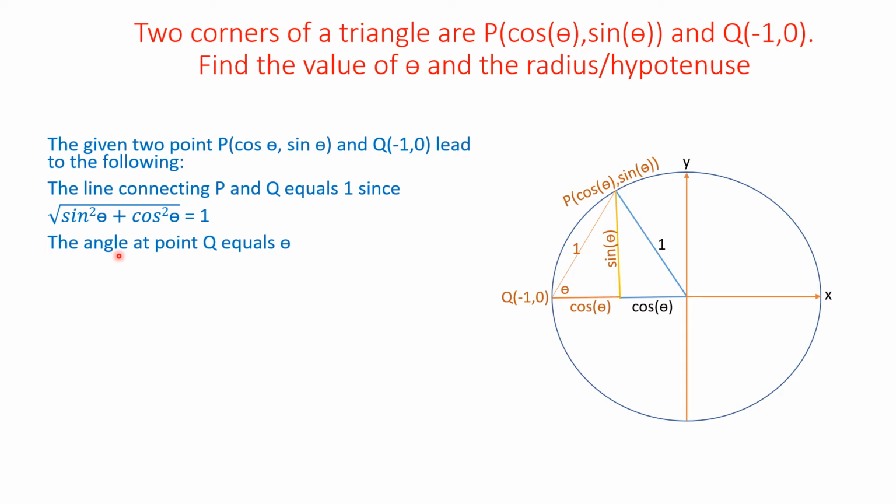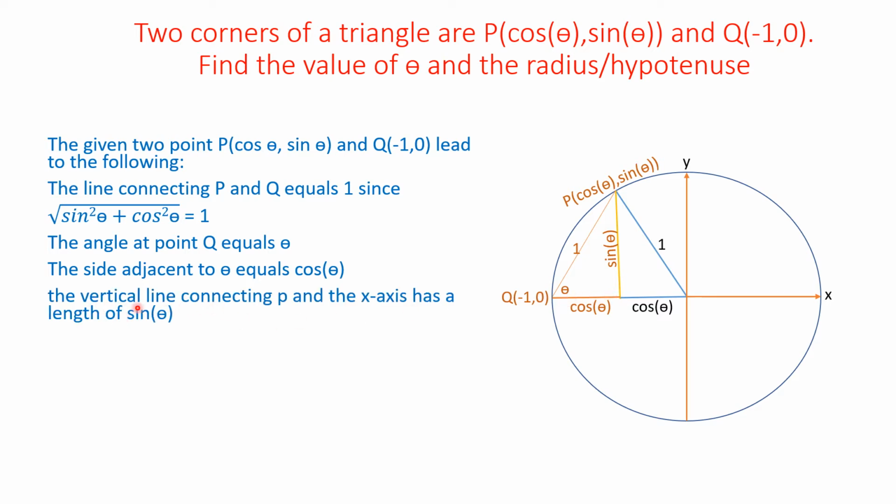The angle at the point Q is theta. This is the point Q and this is the angle. The side adjacent to theta equals cosine theta. So this is theta, its adjacent is cosine theta also. The vertical line connecting P and the x-axis has a length of sine theta.